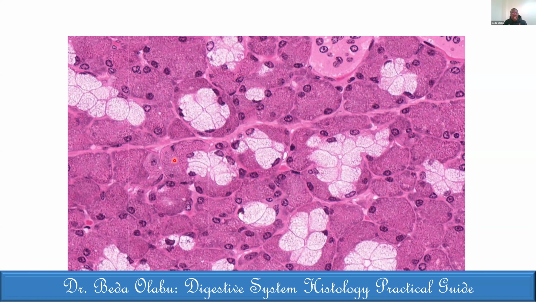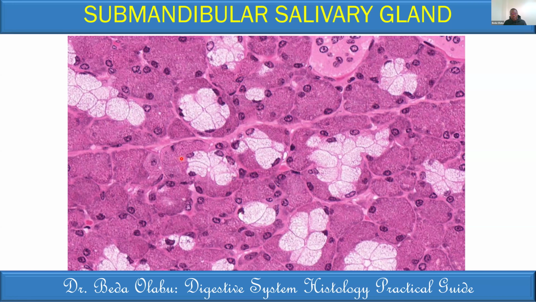They're not exactly half, but they're crescent-shaped. So the submandibular gland is unique in two ways. One, it is a seromucous salivary gland, which means it has both serous and mucus acini. And then it has serous demilunes.